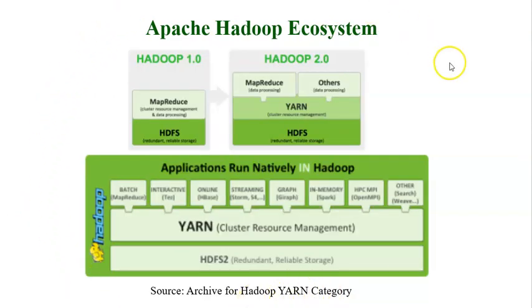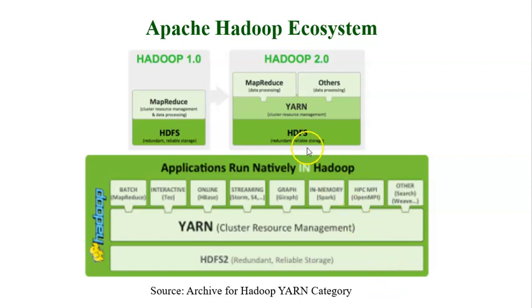This figure can give us an overview of the Apache Hadoop ecosystem. And we see in this picture the Apache Hadoop framework is an ecosystem because it consists of various subsystems or components.